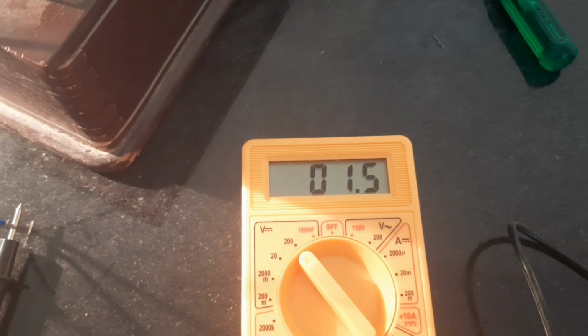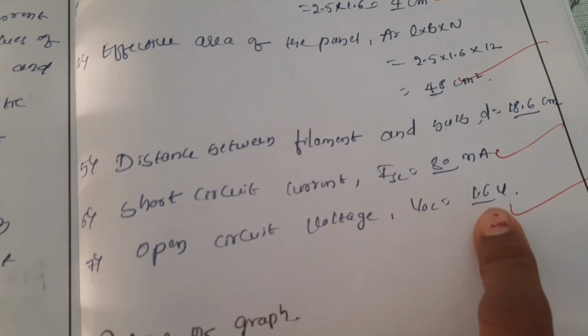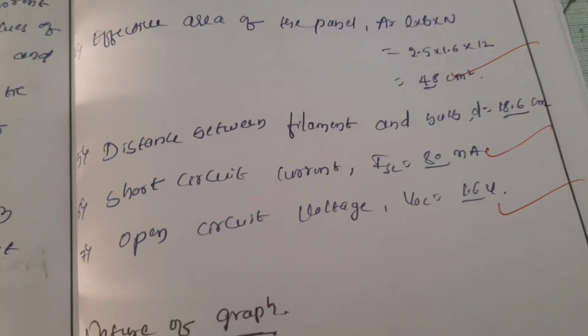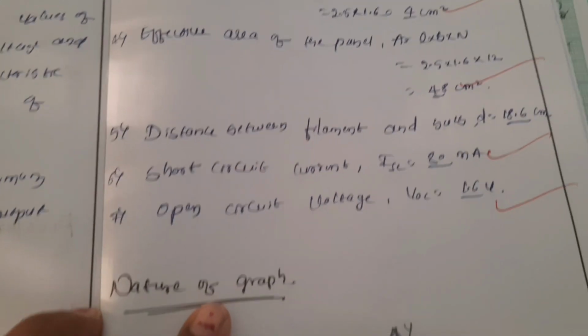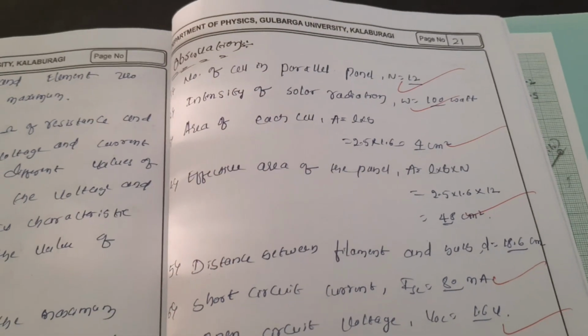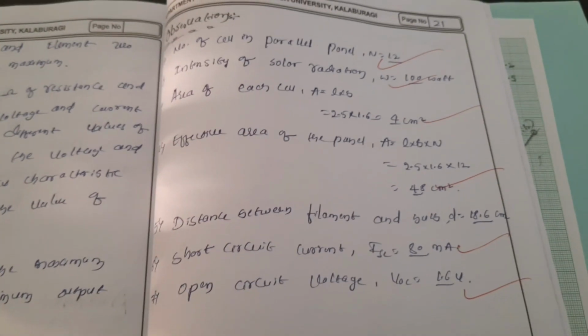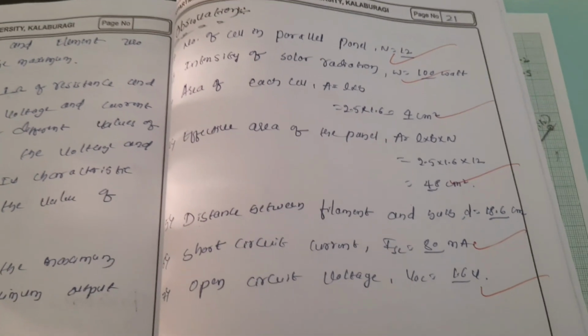This is the open circuit voltage. They also got around 1.6, so you should write 1.5 or 1.6 volt. These are the observations for the solar panel in parallel combination.